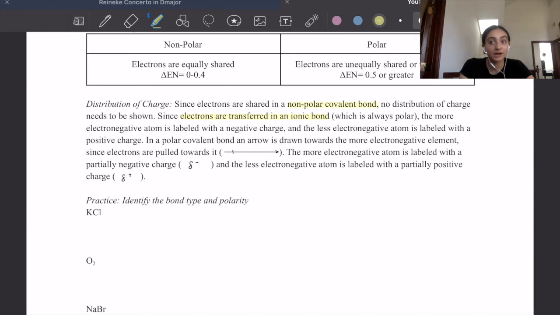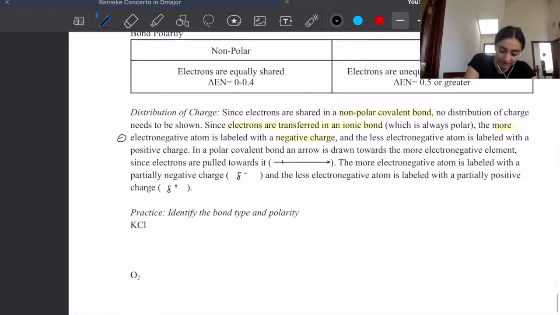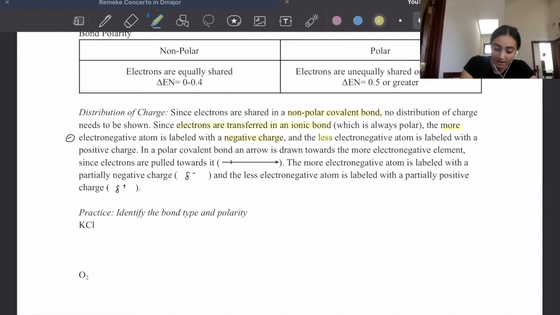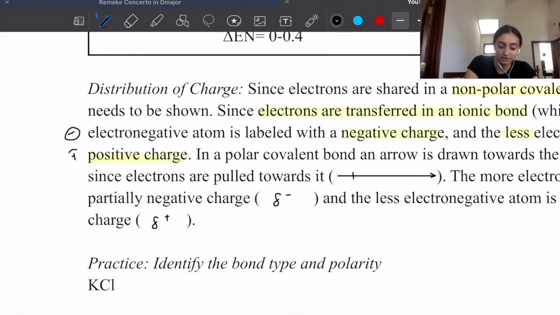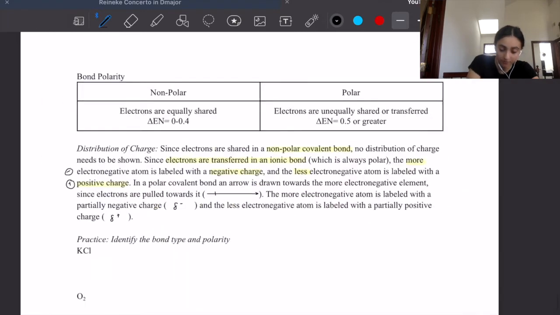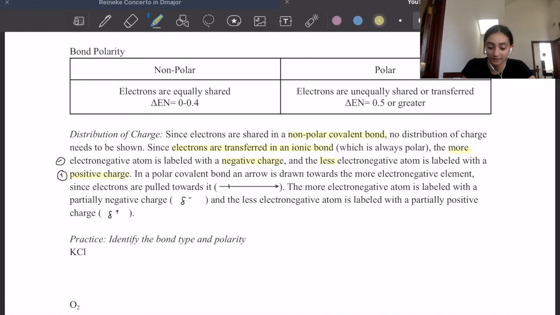And remember, an ionic bond is always polar. So the more electronegative atom is labeled with a negative charge on the top. So it'll just be like a minus sign with a circle around it. And the less electronegative atom is labeled with a positive charge because the electron fully goes to the more electronegative atom.